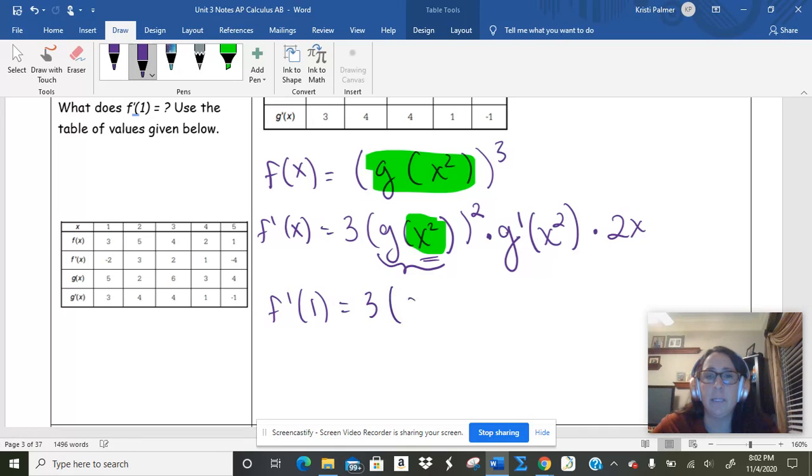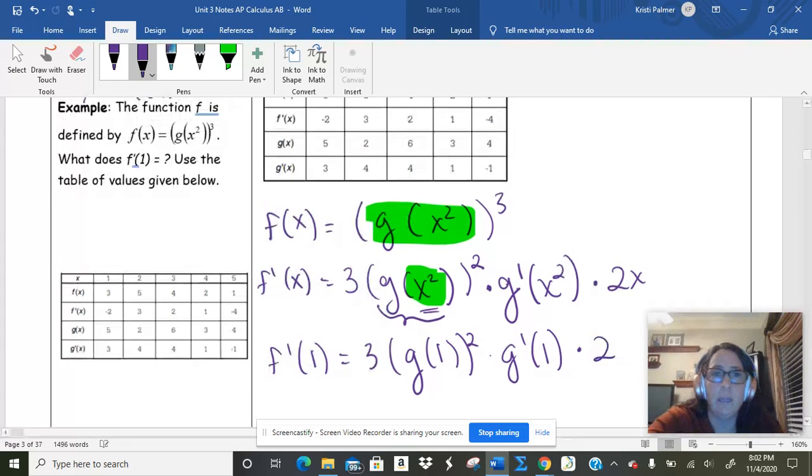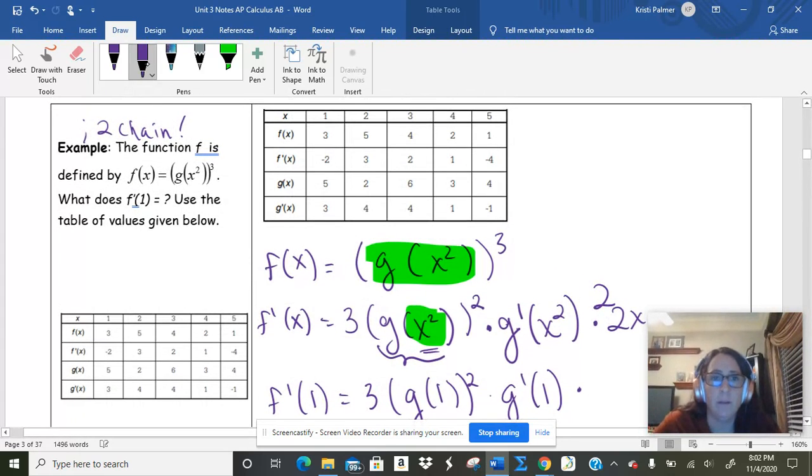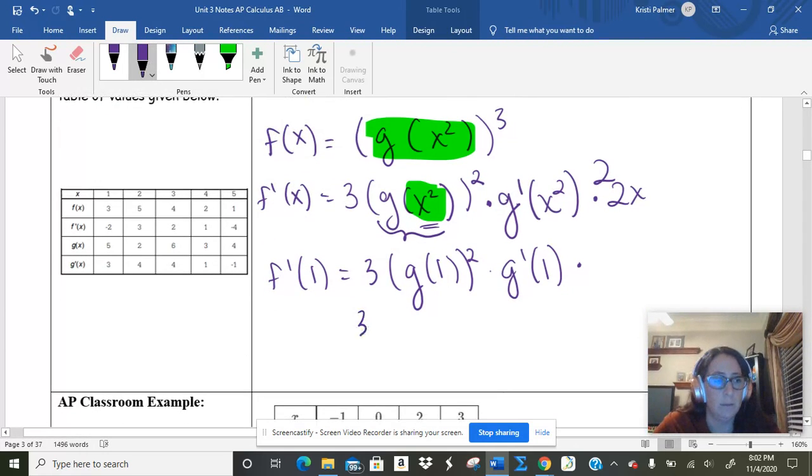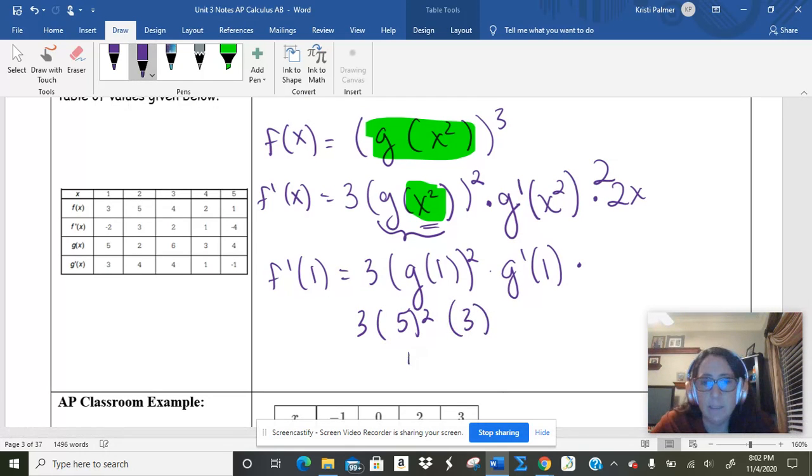So that would be 3 times g of 1 squared is 1, times g prime, 1 squared is 1, 2 times 1 is 2. And then I go look at my graph. g of 1 is 5, g prime of 1 is 3. And then simplify it as much as you need.